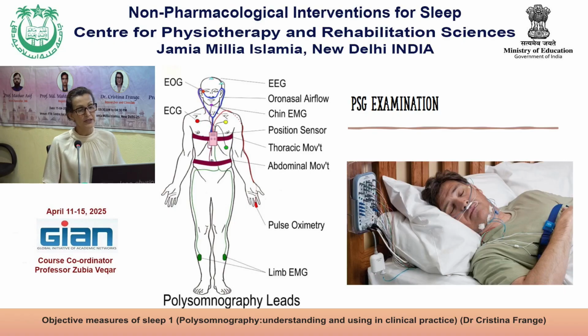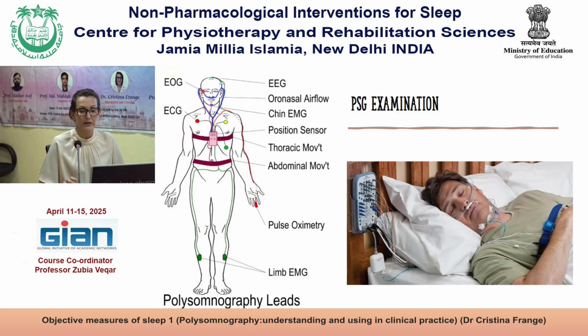He had electrodes in the eyes, all over the scalp, in the heart, a sensor for body position, a belt for body movement, a belt for abdominal movement, the thing that was annoying me, my finger, and also electrodes positioned in the chin for diagnosis of sleep bruxism, and in the limbs for diagnosis of RLS, PLMS, and PLMD, okay?